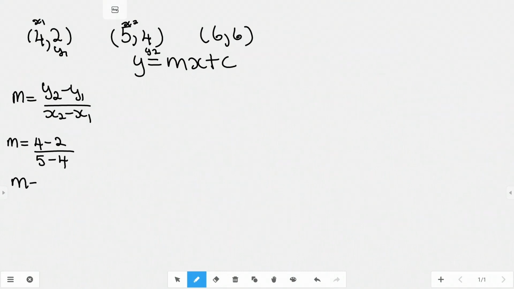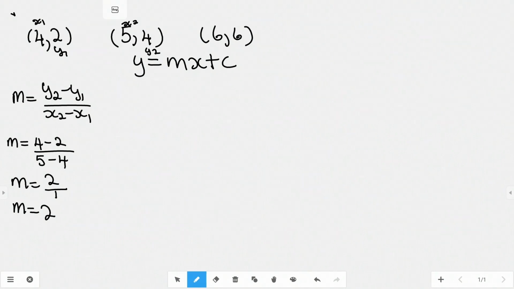So m is equal to 4 subtract 2, 2, 5 subtract 4, 1. So the gradient is equal to 2. Now that we have the gradient, we can take one of the ordered pairs that we're given for the x and the y value. Using the same gradient equal to 2, we can find the y-intercept.